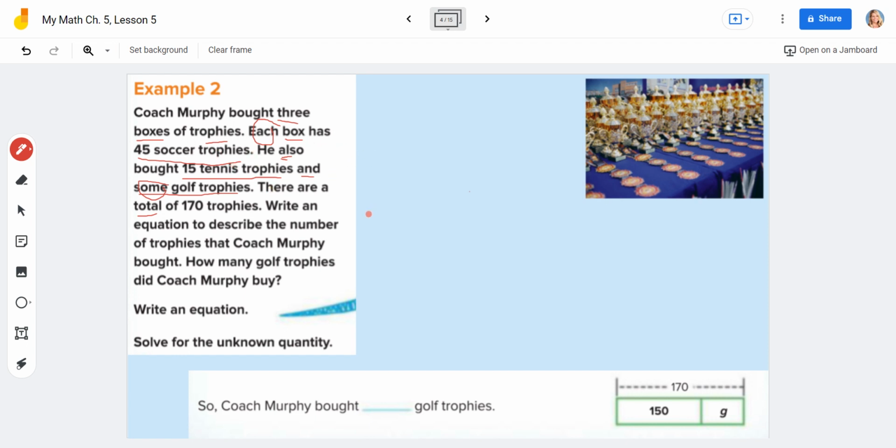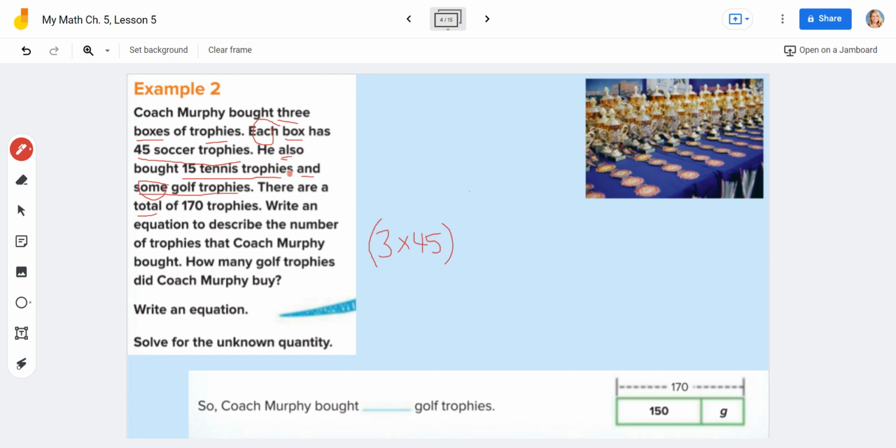Well, if he has 3 boxes of trophies, and each box has 45 soccer trophies in it, we're going to have to multiply to see how many trophies are in all 3 boxes. And I have to keep those two numbers together, and I have to do that first before I move on to anything else.